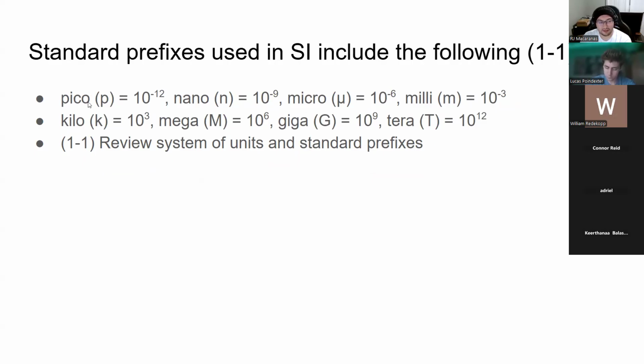So pico is 10 to the minus 12, nano 10 to the minus 9. I'm not going to read this out to you. You guys can read, and hopefully you're familiar with this prefix notation at this point.